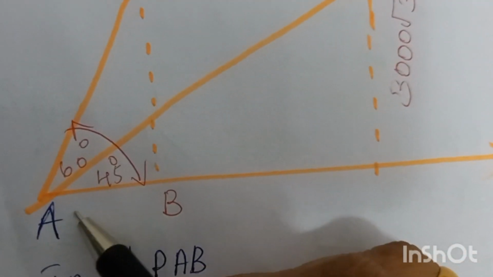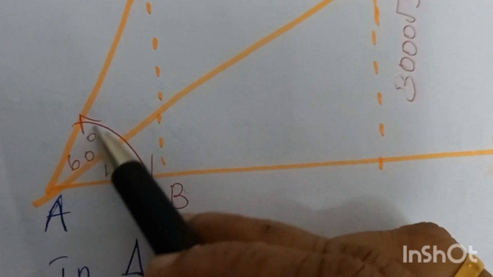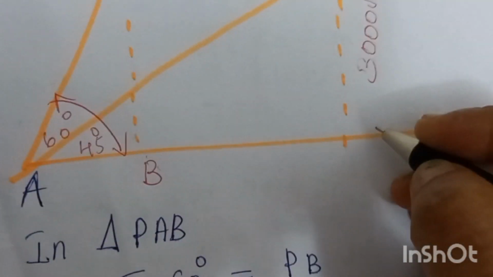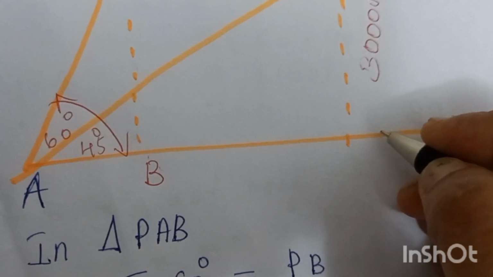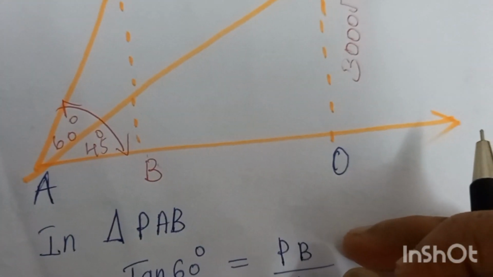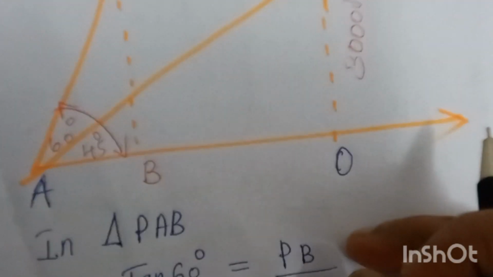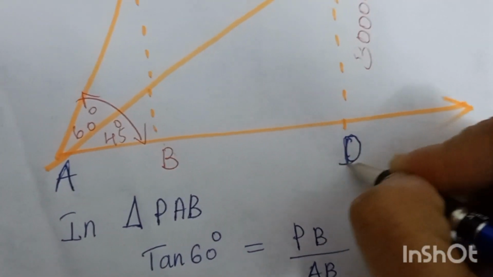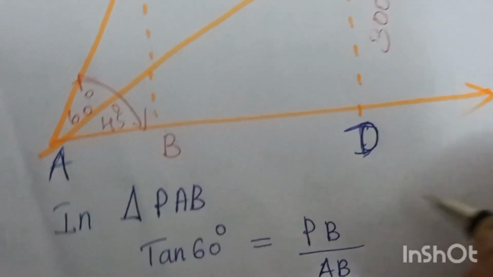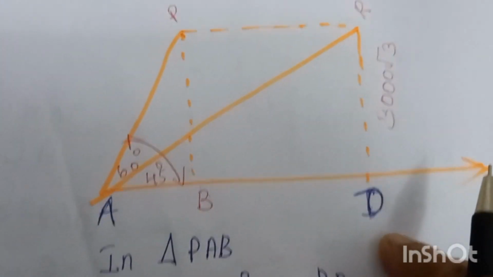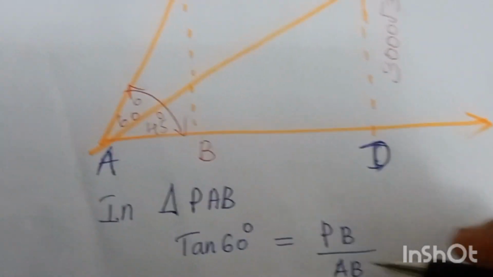See, this is AB. Not O, AD we can take. AD, PQ, AD, BD, like that we can say.